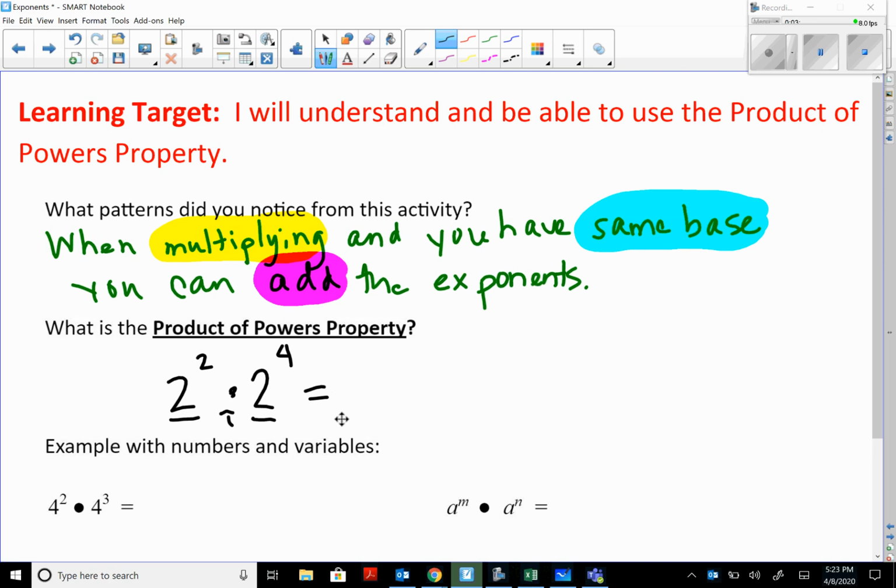So instead of writing it as 2 separate terms, 2 to the second times 2 to the fourth, I can write it as 1. So my new exponent is going to be those original 2 exponents added together. So 2 to the power of 2 plus 4, which is 2 to the 6th power. Okay, so that's the product of powers property.